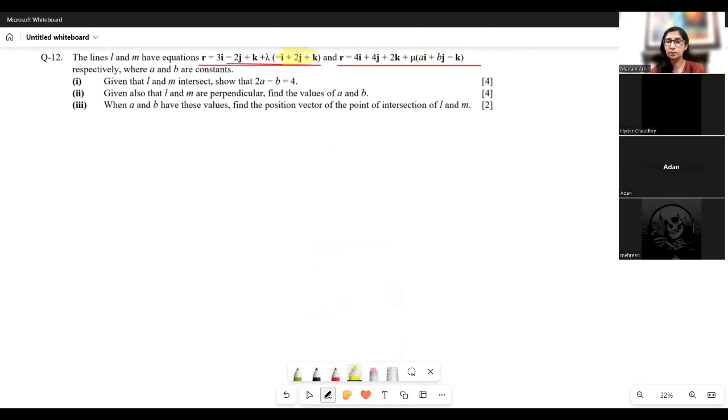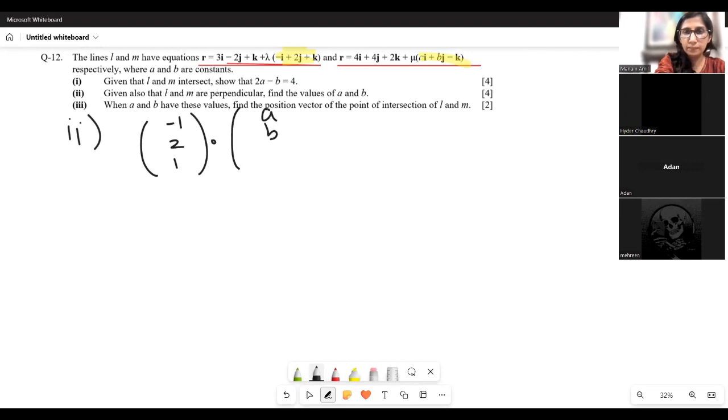And the direction vector of M is A, B, -1. Their dot product will also be 0. -1, 2, 1 dot A, B, -1 equals 0. So -A plus 2B minus 1 equals 0.